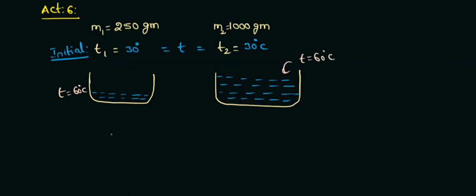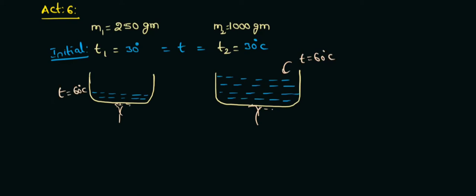Now, if you start giving heat, you tell me which one takes more time. Whenever we are talking about specific heat, we have to keep in mind the rate of rise of temperature, whether it is high or low.